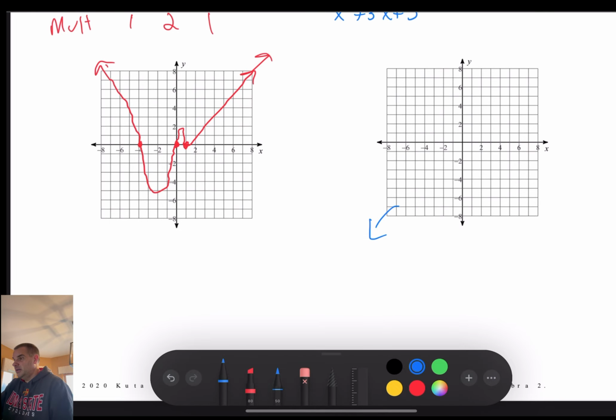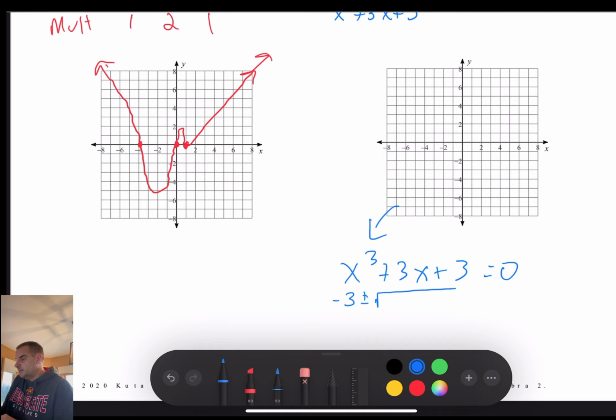We have to find the zeros by using the quadratic formula: negative b, so -3, plus or minus the square root of b squared, 9, minus 4 times a times c, so minus 12, over 2a, so over 2.